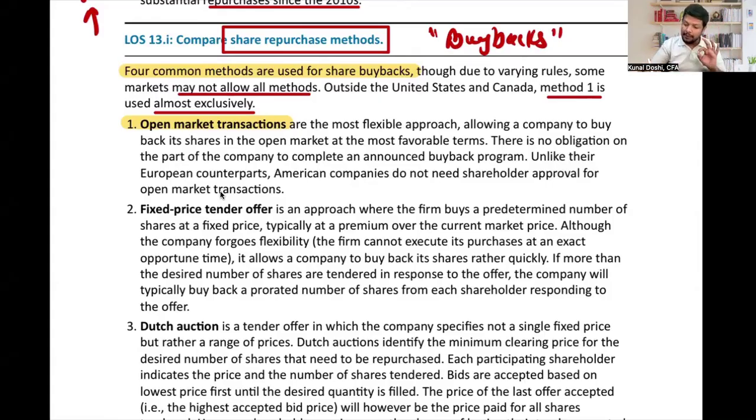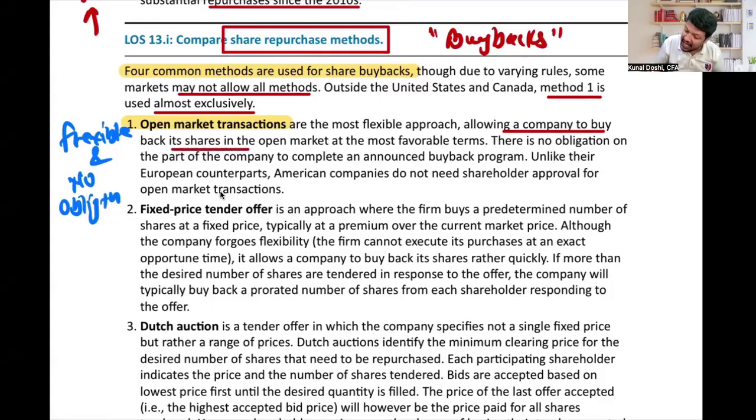Now, the open market transaction is considered one of the most flexible methods, with no obligation to the company. It allows the company to buy its shares in the open market on the most favorable terms.